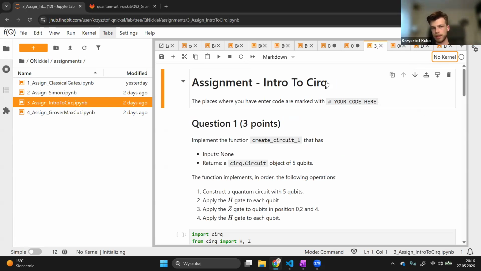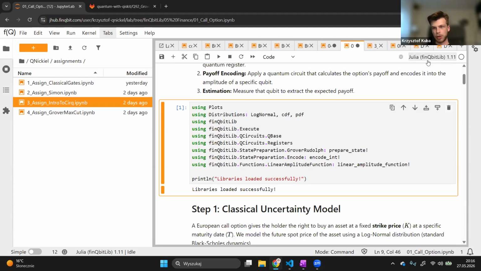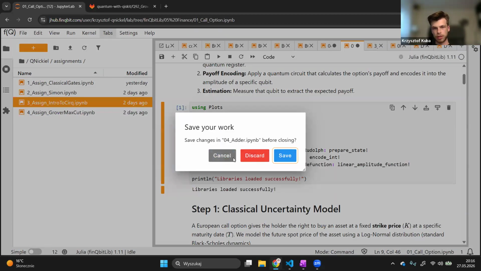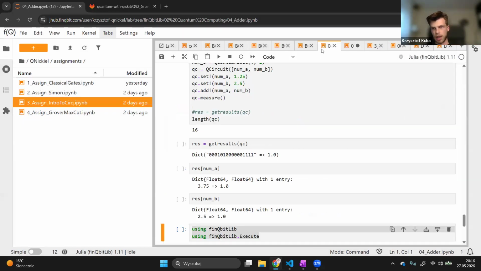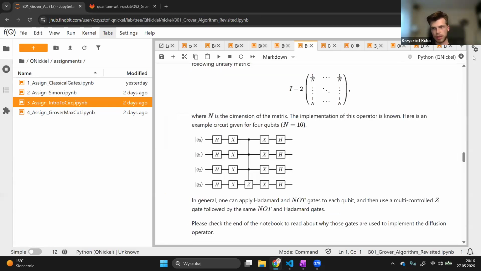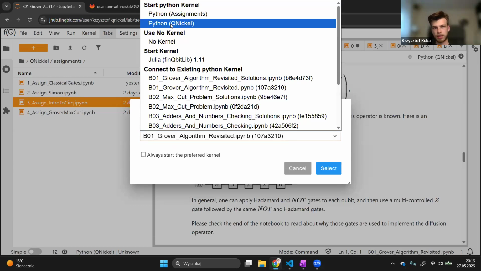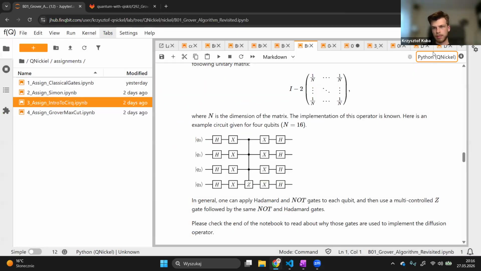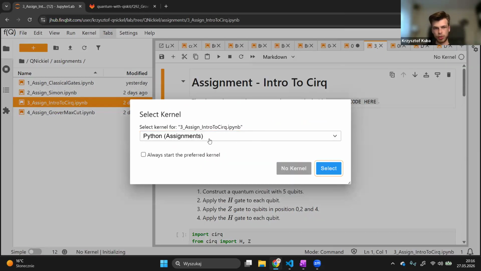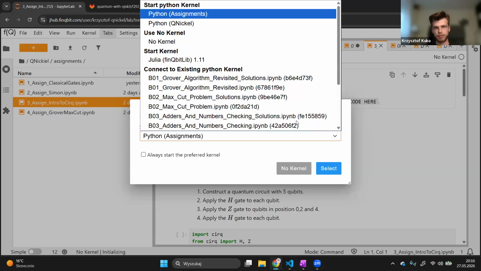So for the notebooks, I highly recommend you use the QNickel Python kernel. But for the assignments, I recommend you use the Python assignments kernel.